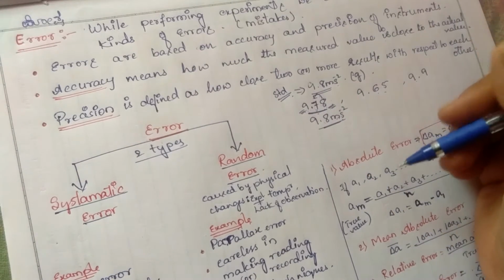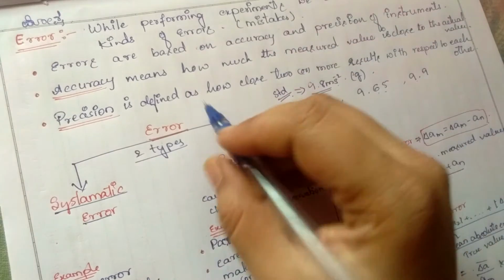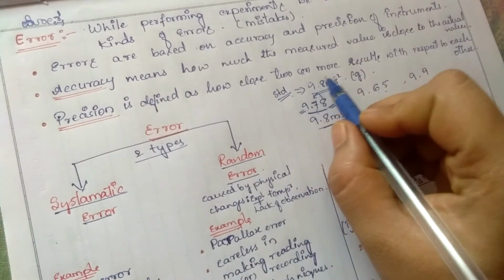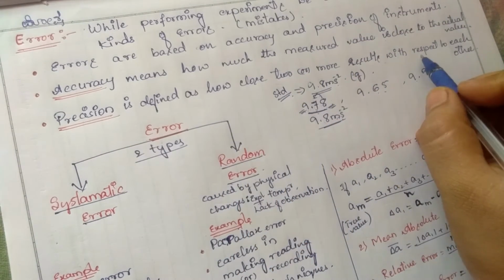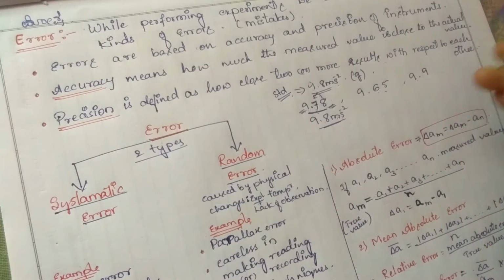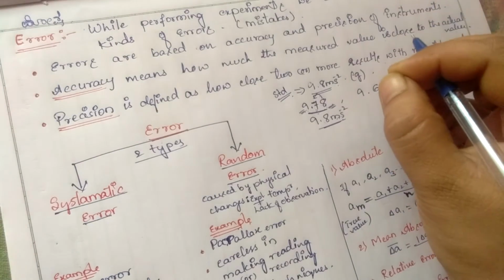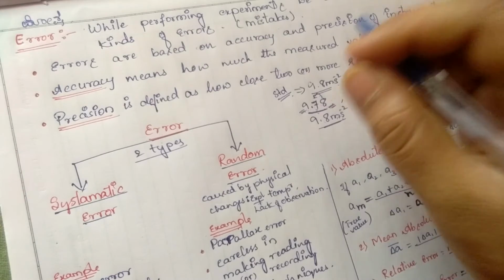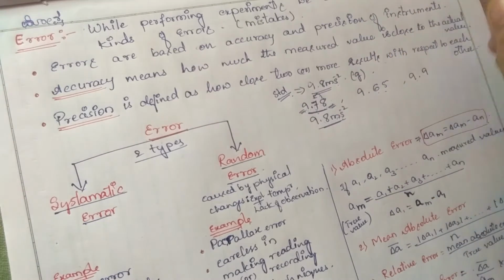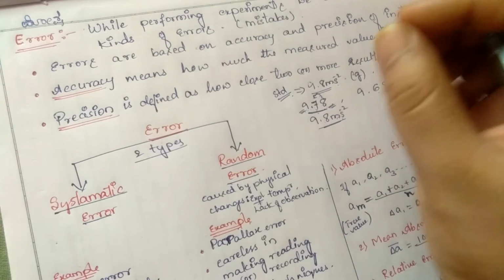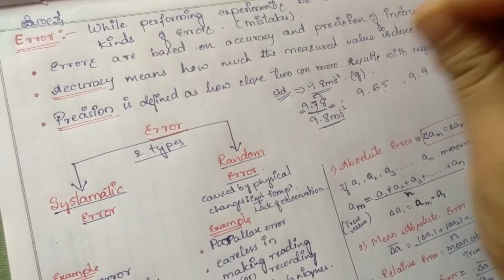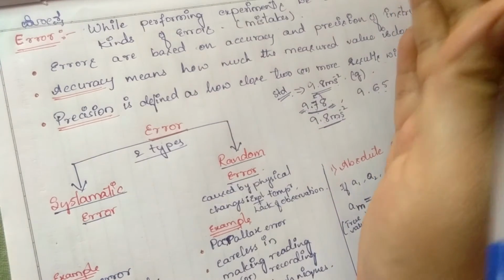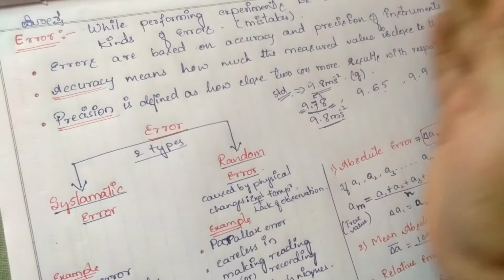What is meant by precision? Precision is defined as how close two or more results are with respect to each other, meaning what is the limit of that machine to measure the quantity.